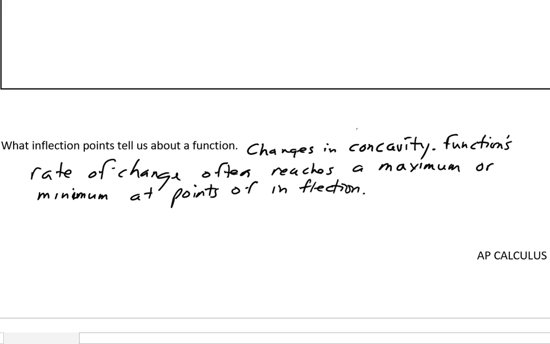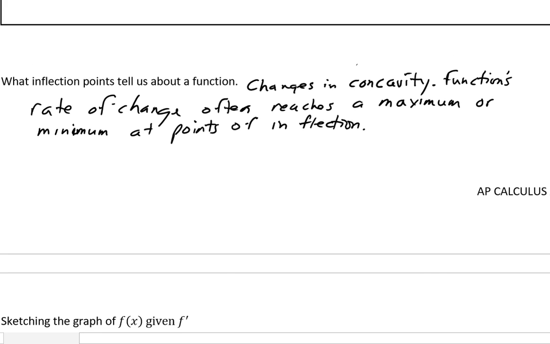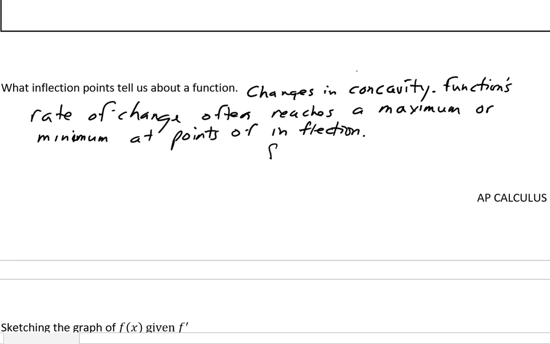Now let's summarize what we have here. We have f, and f prime, and then we have f double prime. Okay. So if this is positive, then f is increasing. If this is negative, then f is decreasing.